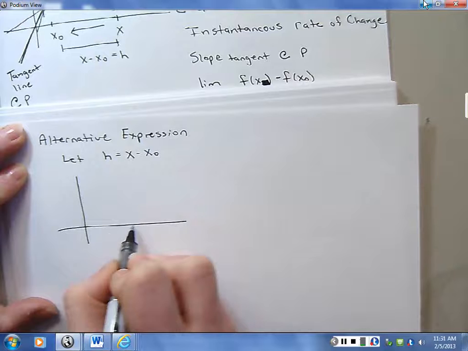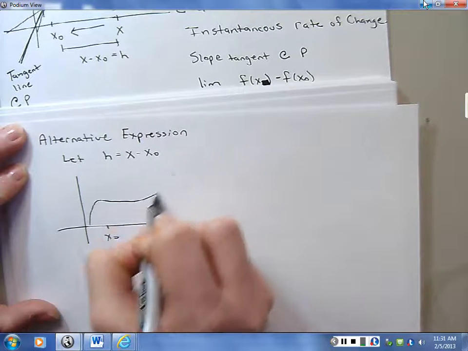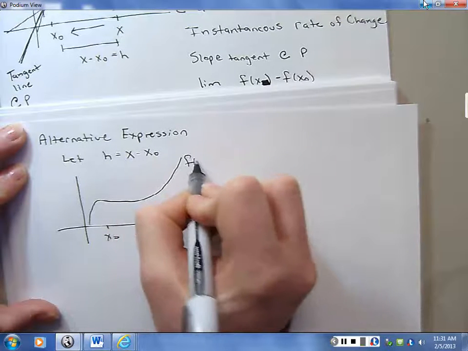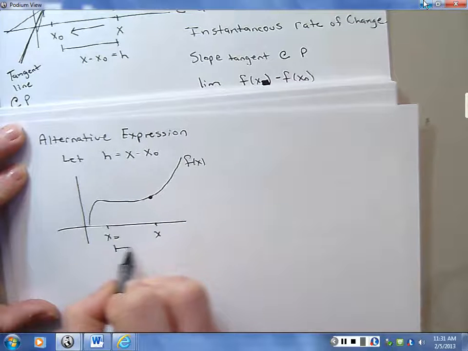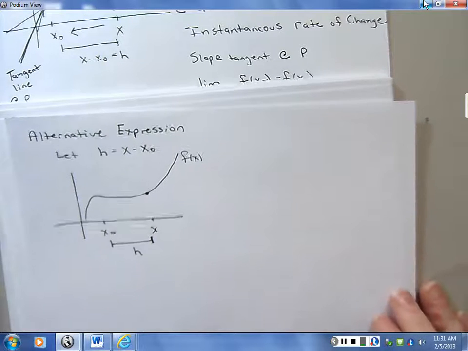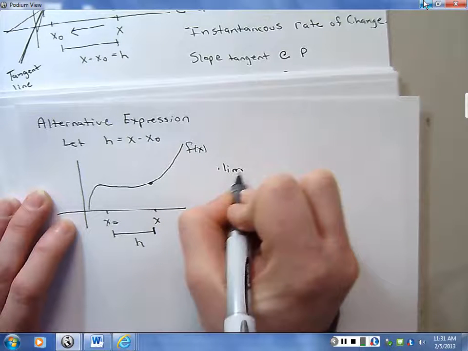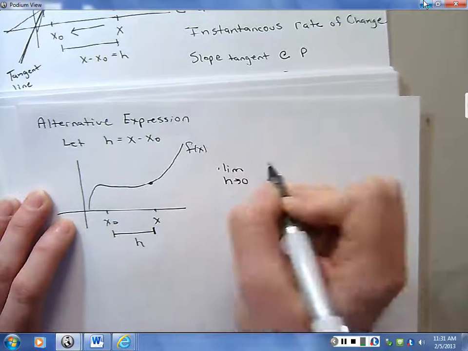So if I have, this is x naught and this is x, and I have some function, then this distance here would be h. So I want to take the limit as h goes to 0.